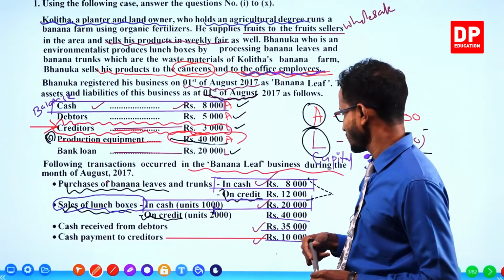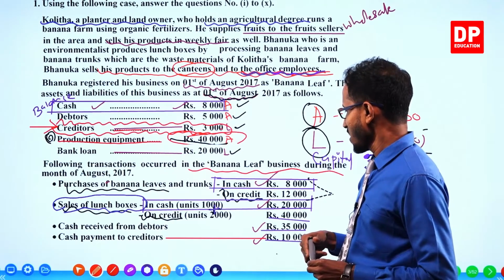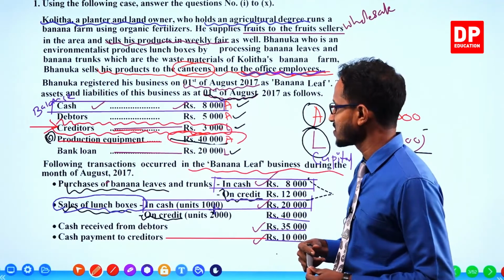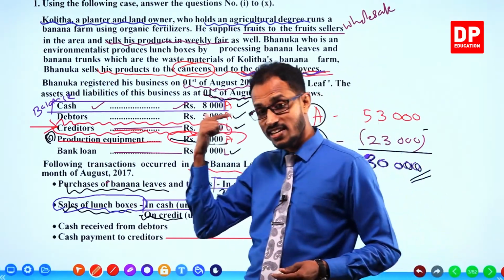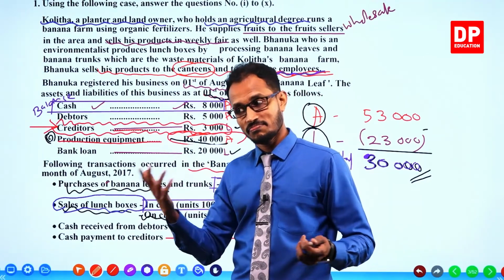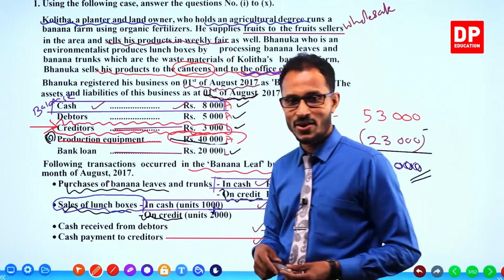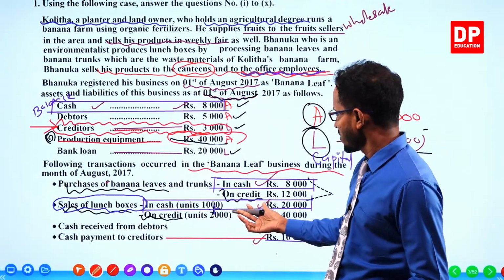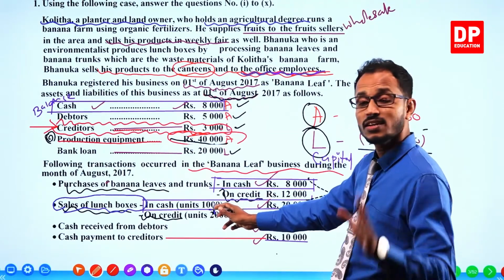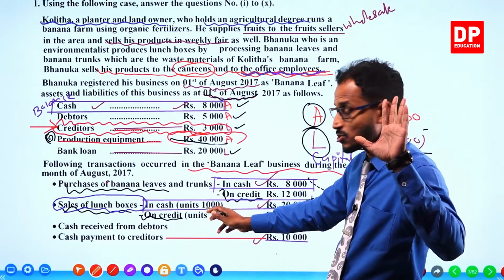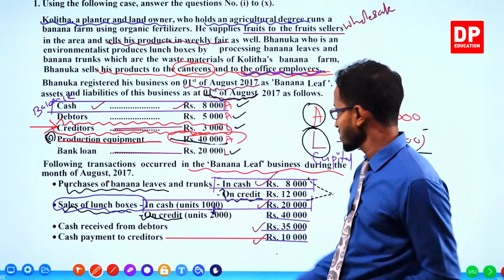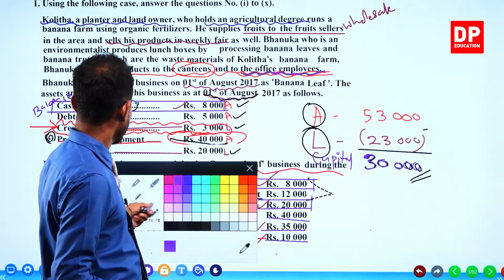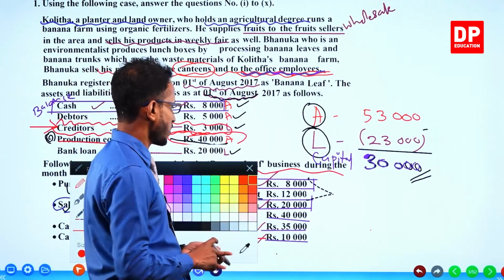Got it? That's how you get these things, right? Use your brain. Selling of lunch boxes, for 20,000 they have sold 1,000 units. It's not rocket science, right?